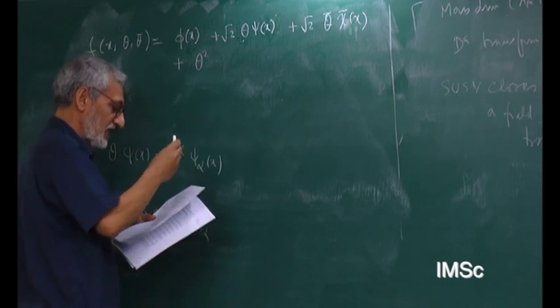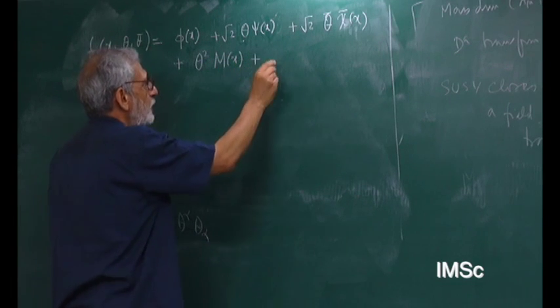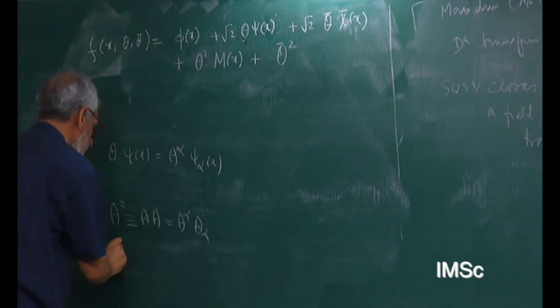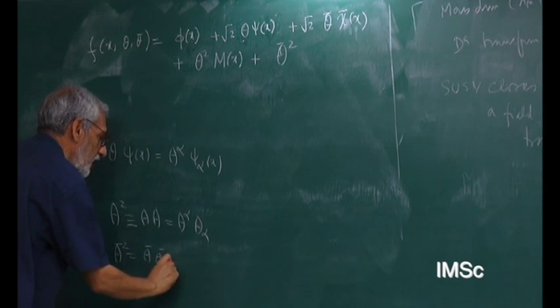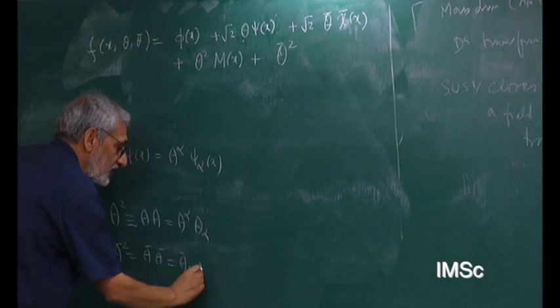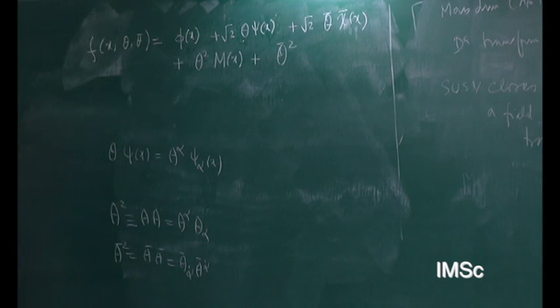And some object m of x, and simply theta bar square, and again theta bar square is shorthand for theta bar alpha dot down, theta bar alpha dot up, the reverse of this convention.